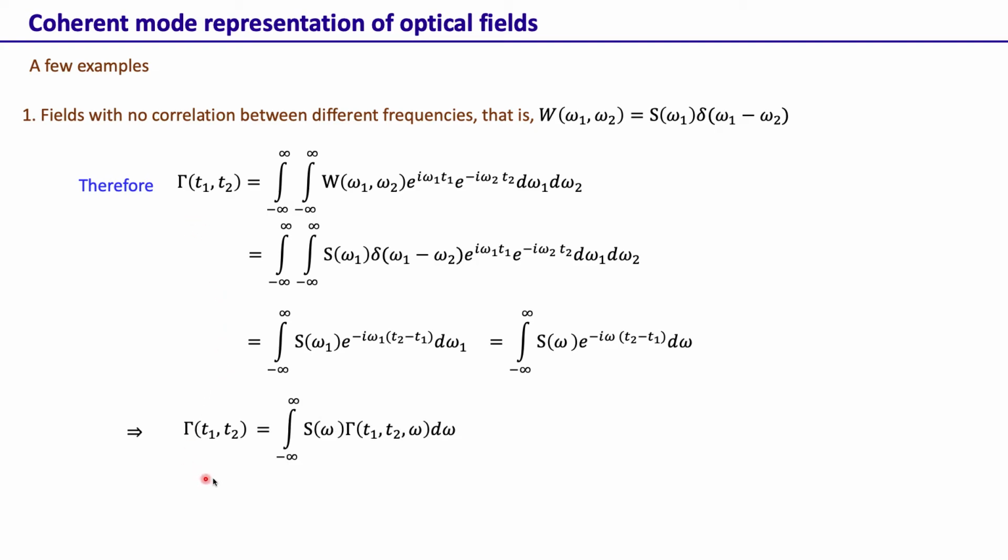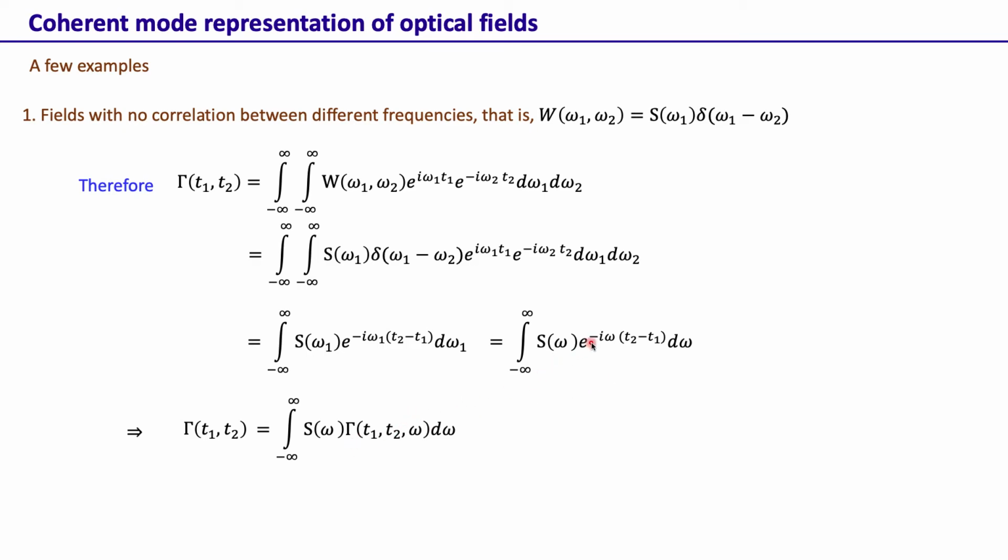So what we have is the cross-correlation function, that is the correlation function in time, of what is in general a partially coherent field. It is just that this partially coherent field has no correlation between different frequency components, and for such a field the cross-correlation function can be written in this form.